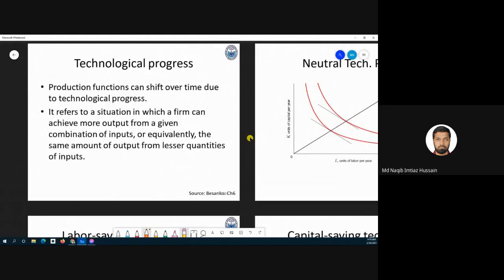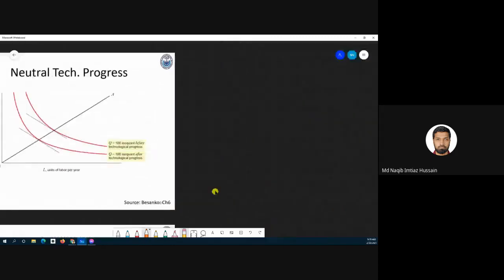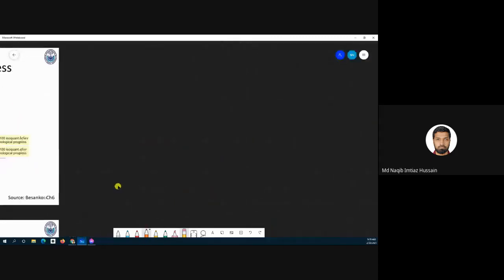Okay, suppose in some production system, we talked about our bakery, A and L. Let's say this is the isoquant line Q equal to 30.